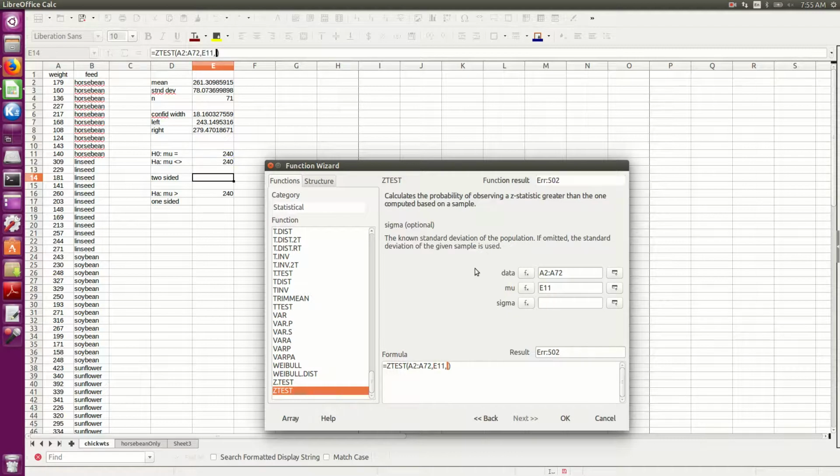Notice it says the standard deviation of the population. Well, we don't know the standard deviation of the population, but it says if omitted, the standard deviation of the given sample is used. Well, that's how we run these things, and so we want to stop there with just mu. So we just need our data and our hypothesized mean. We can see our result here.